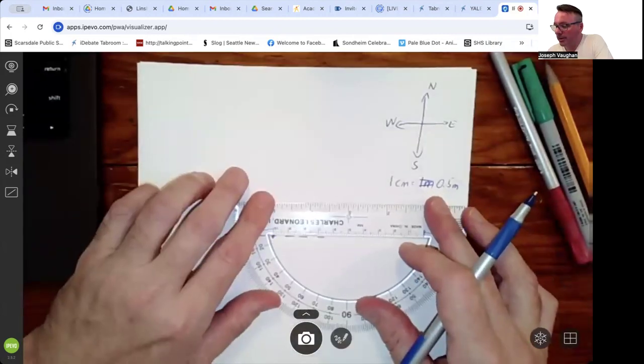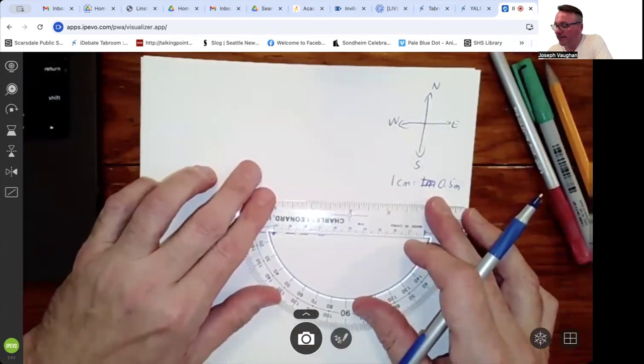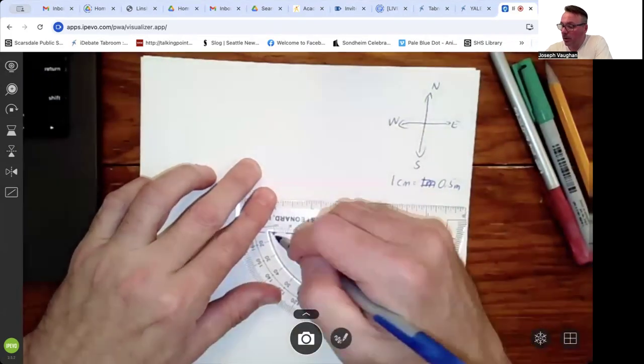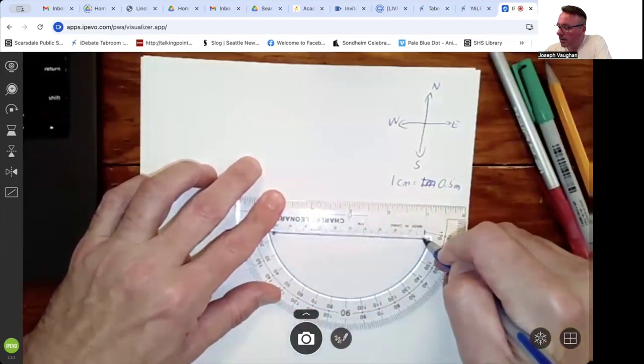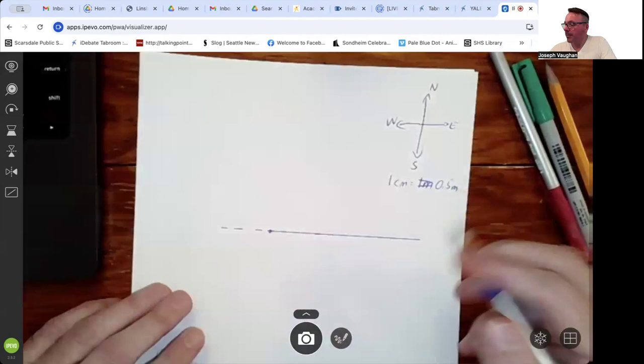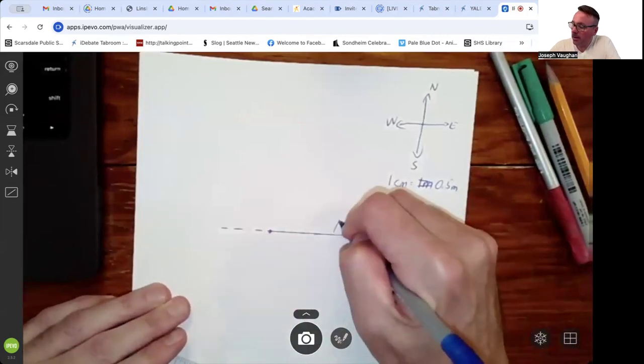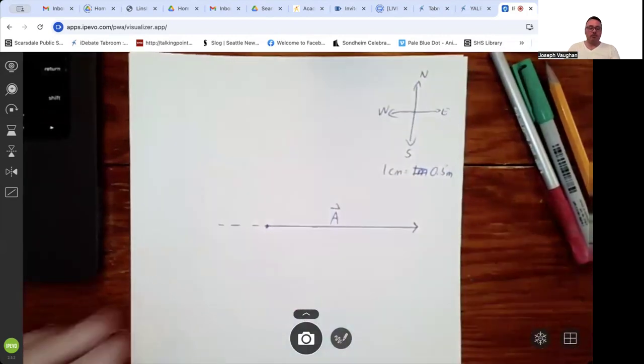Great, so I'm going to draw vector A. We know that's going to be a 10 centimeter long vector. There we go. And that is vector A. Perfect. So there I have it. Draw the first vector to scale from the start point.